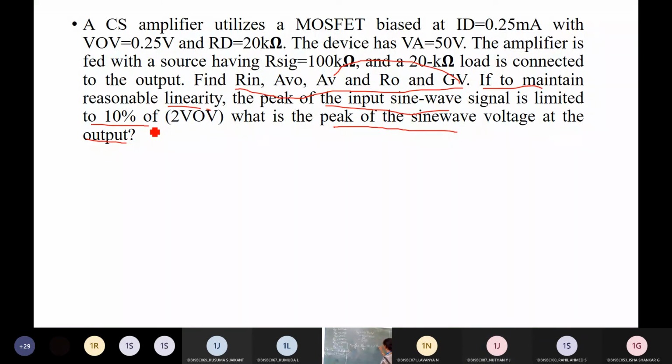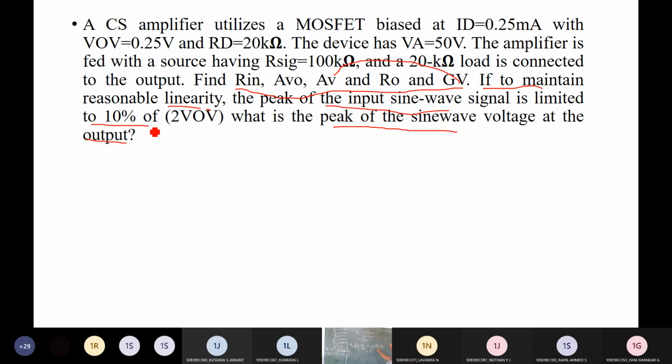So what will happen if I am not taking a modulus here? Because Av is negative, your output voltage should not be a negative peak. I just now told you, amplification means you should not change the phase. That's why you need to use the modulus of Av into VGS. So just cross multiply Av and VGS. How much will you get for V0 now?